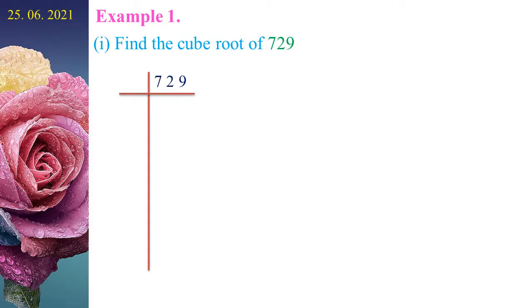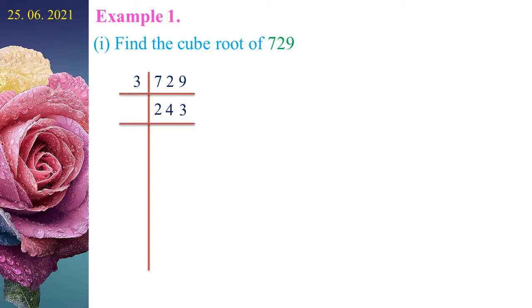Here we cannot take the first prime number 2 because the ones digit is not an even number. So let's take the next prime number 3. The number 729 is divisible by 3. 2 3s are 6, balance 1, 12, 4 3s are 12, 3 3s are 9.